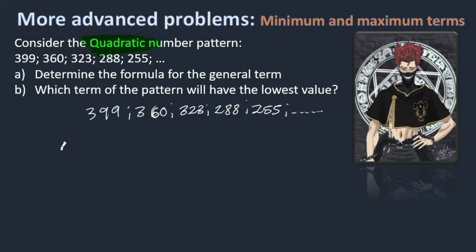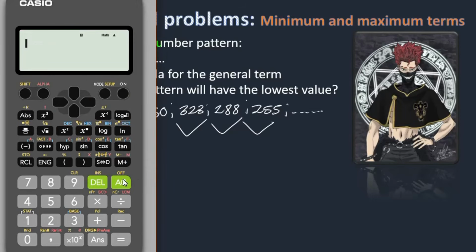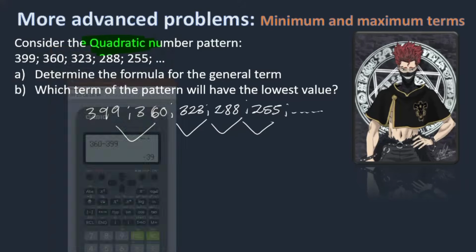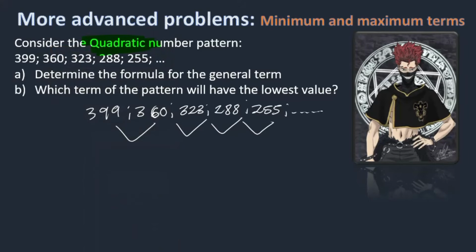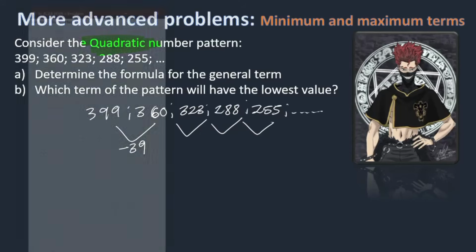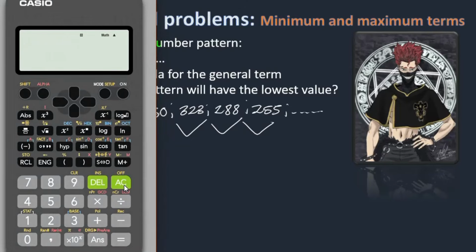Right. So what do I know? I know that it's a linear pattern. So I'll just use a calculator for those things. 360 minus 399, to get the first difference, right? That's negative 39. And then 323 minus 360. Don't be scared by big numbers.